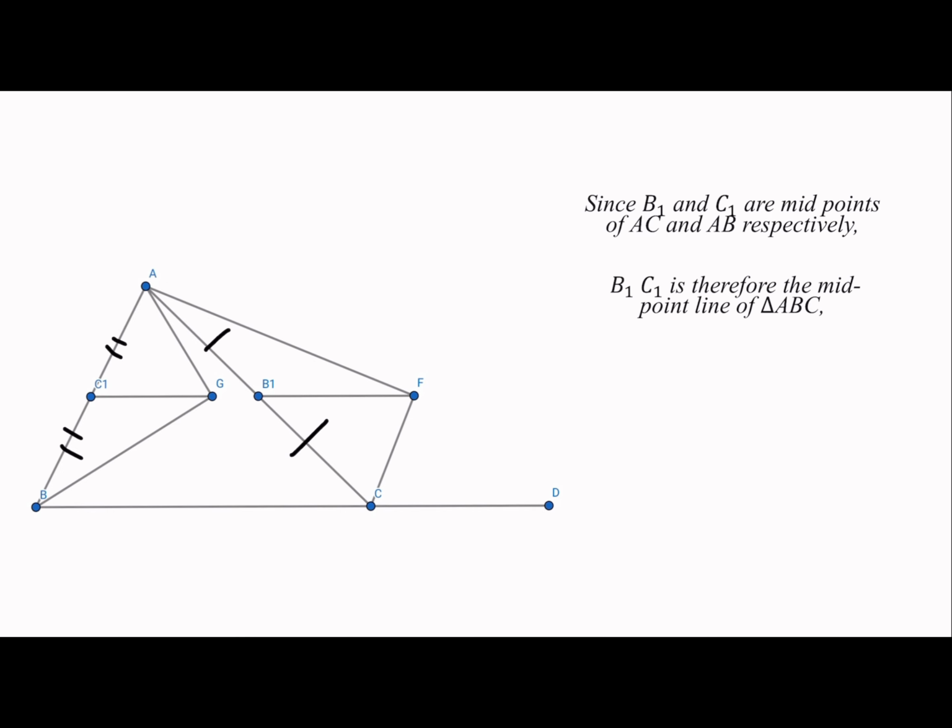So B1C1 is the midline of triangle ABC, or you can understand this as triangle AC1B1 similar to triangle ABC. Therefore, C1B1 is parallel to BC due to the properties of similar triangles, and you have a pair of parallel lines. That basically concludes our proof. So B1C1 is parallel to GC1, parallel to B1F, parallel to BC. This means B1, C1, F, and G are collinear.